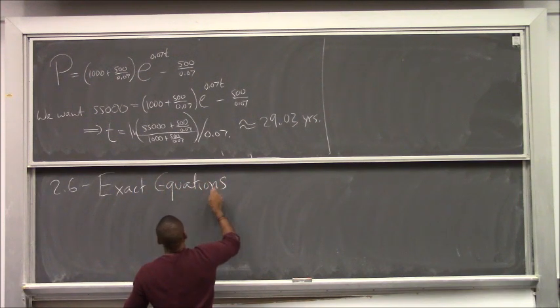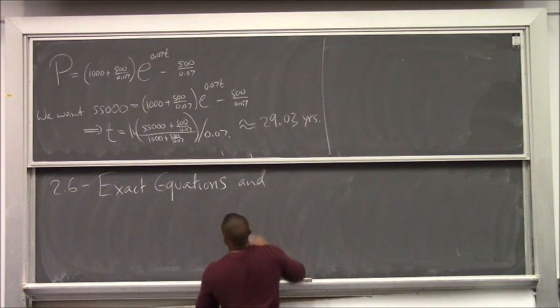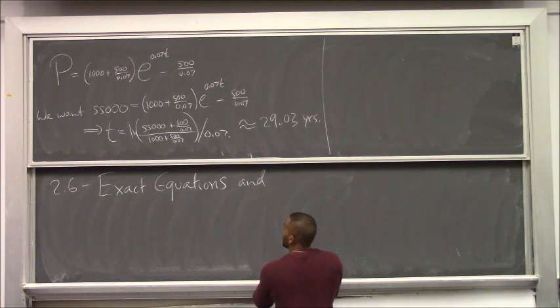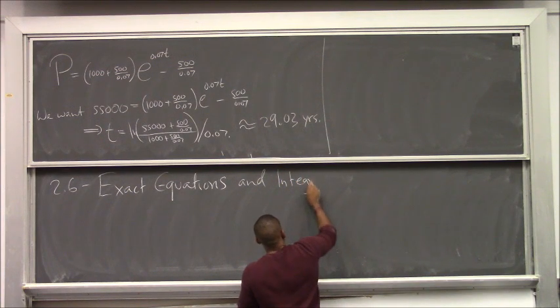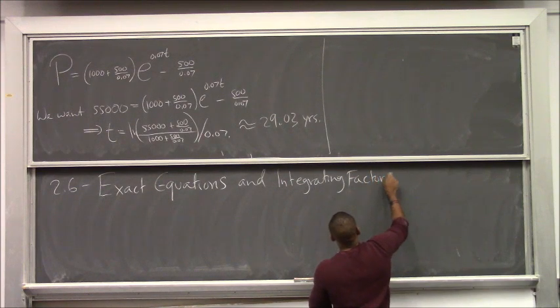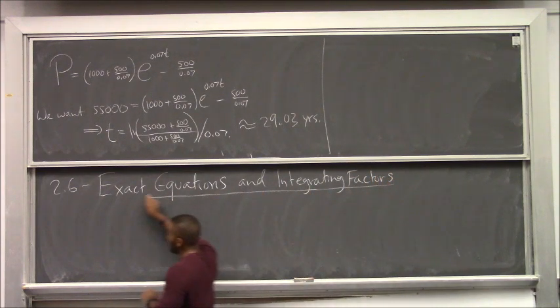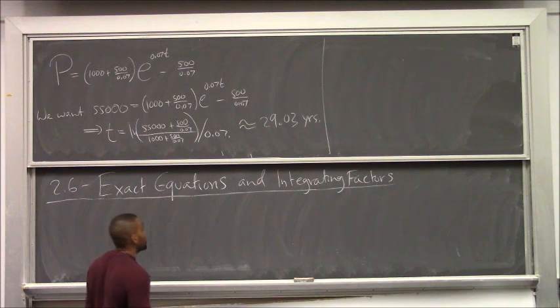We're looking at something called exact equations. It's a different kind of exact, and they involve integrating factors. Of course, we all remember our Calc 3 very well, and at some point in Calc 3, we learn about the multivariable chain rule.